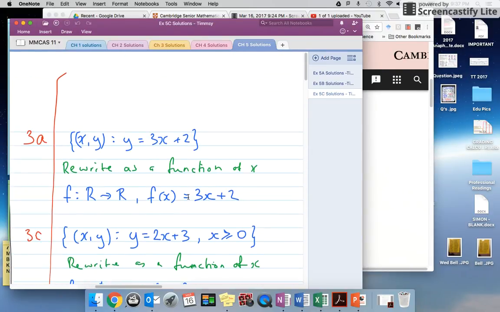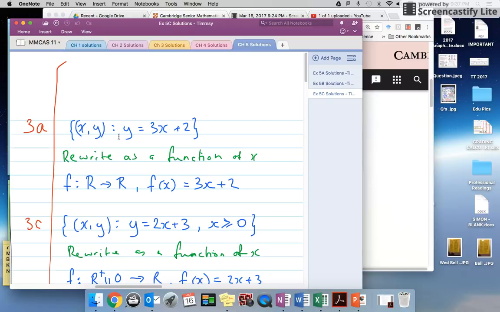Up here. Okay, so this was our equation. So we want to rewrite this as a function of x. So we say f such that the domain, so this is a straight line, we know our domain, is R, maps onto the real number plane. Okay, so we're dealing with real numbers.